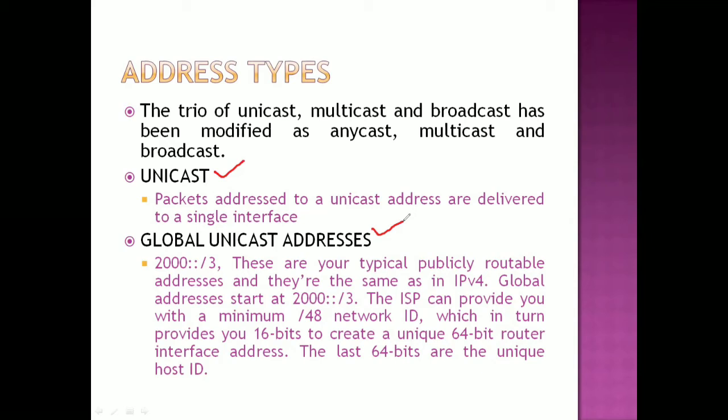The private and the public IP addresses concept should be clear to you. In case of IPv4, the public IP addresses are those addresses which are routable, but the private IP addresses are those addresses which are non-routable.